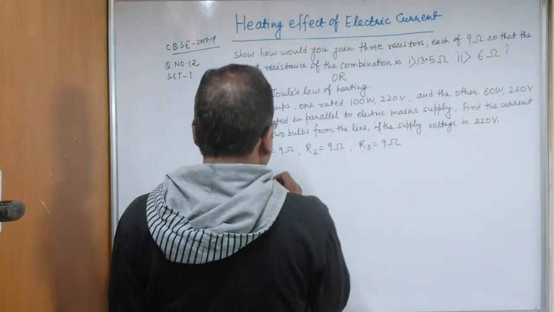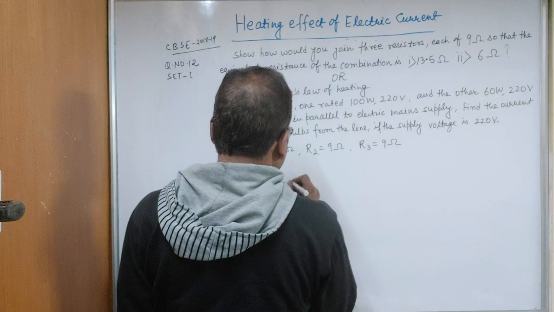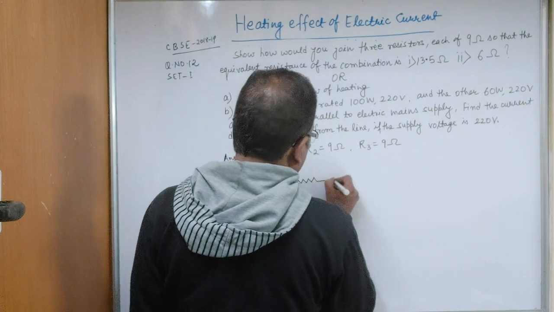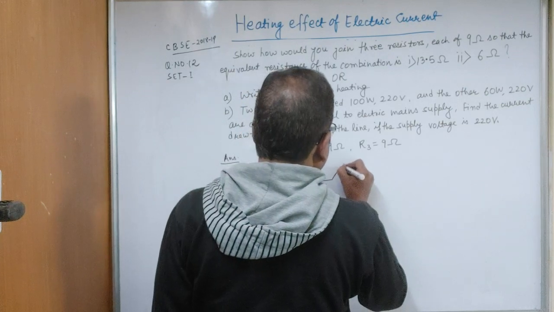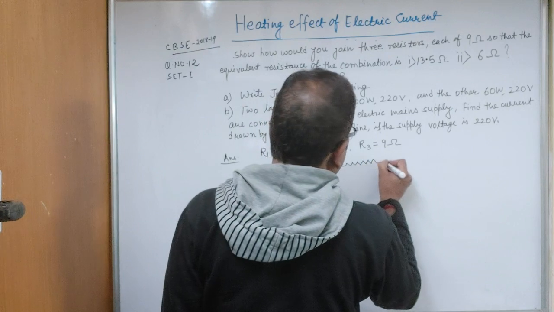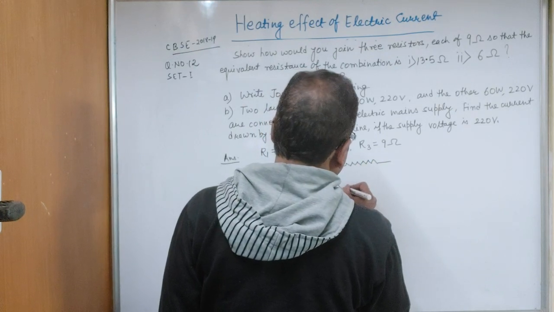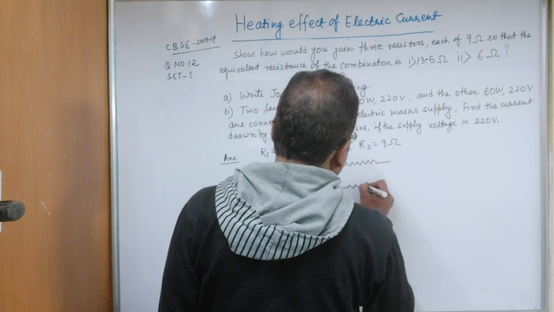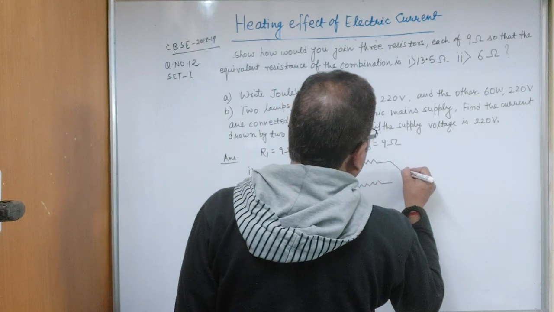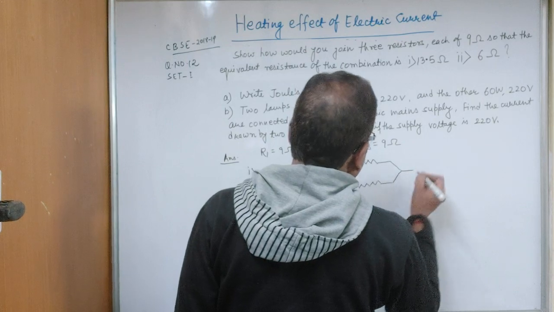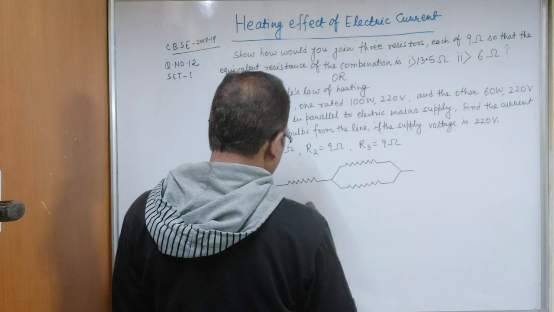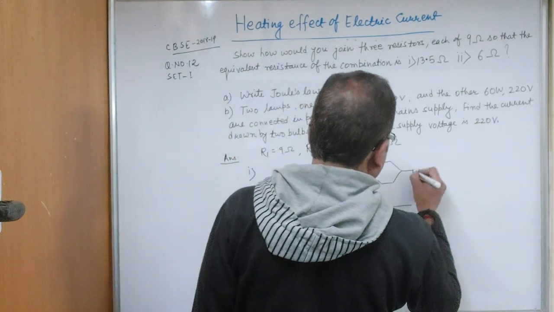Let us take a resistor in series and take R2 and R3 in parallel. A practice is needed for it and it is very important because you will get this type of questions in your board exam. Suppose it is connected with a cell.